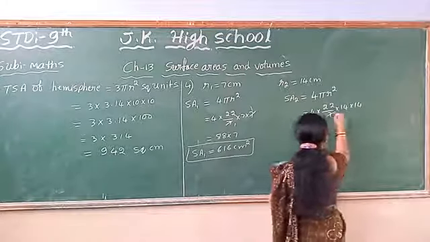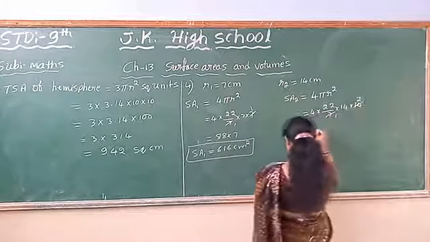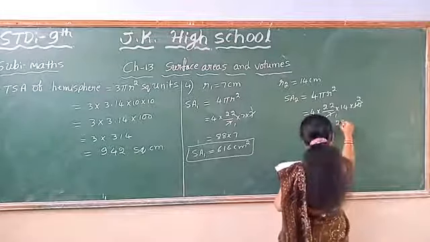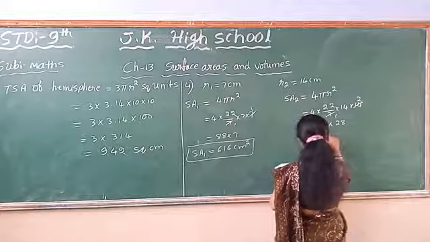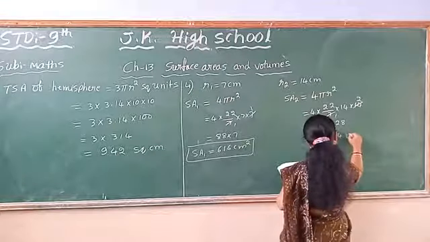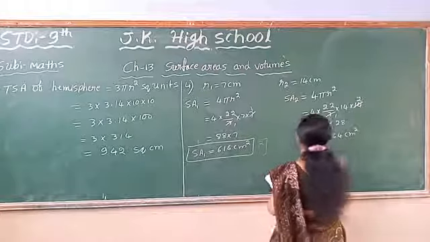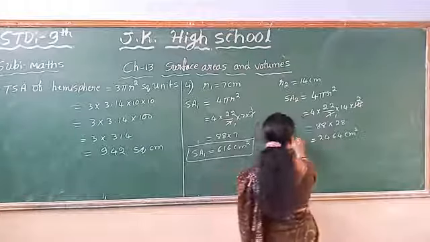Then 7 twos are 14, 7 into 7. Multiply these two, you are going to get 2464 centimeters square.